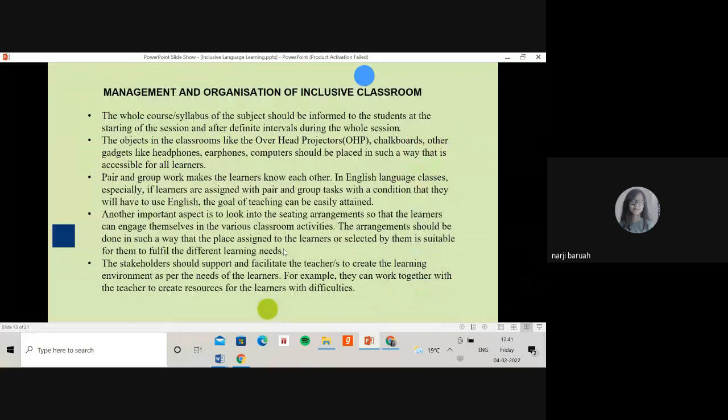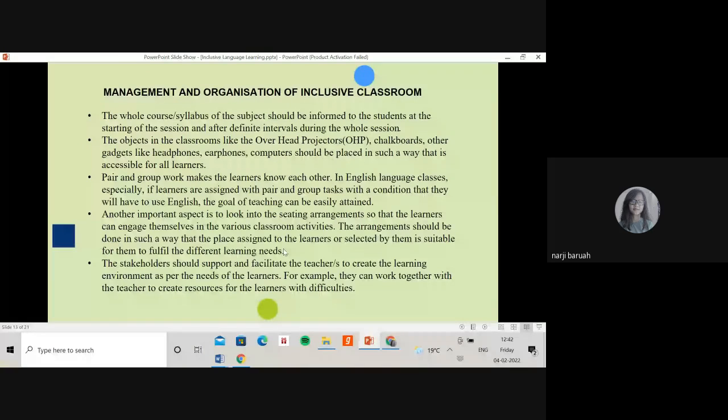Now, management and organization of inclusive classroom. How can we manage, or how can we organize an inclusive classroom or a classroom to make it inclusive? What are the things that we should take into account in order to manage and properly organize everything?